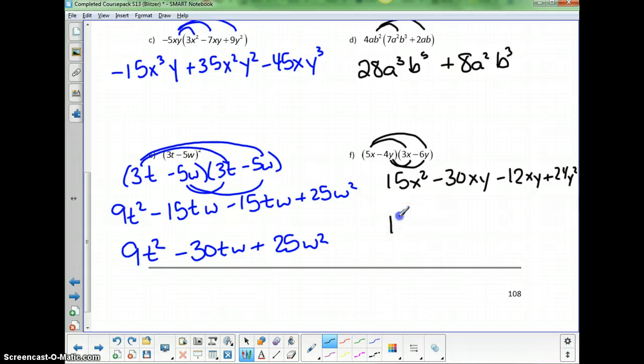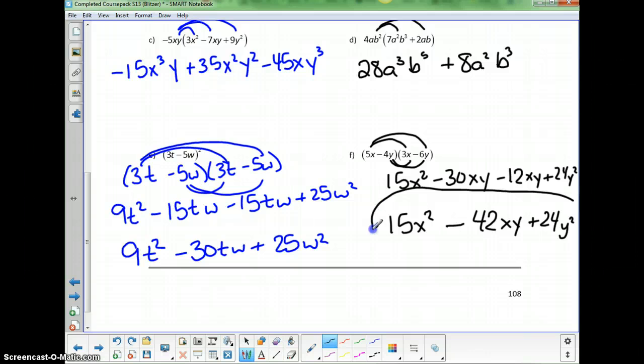So I'm going to end up with, I do have like terms to combine, 15x squared minus 42xy plus 24y squared. And again, in the absence of descending order, we go alphabetical. So we write the highest power of x, next lowest power of x until I run out of x's. Then I start taking on any y's I've got left over.